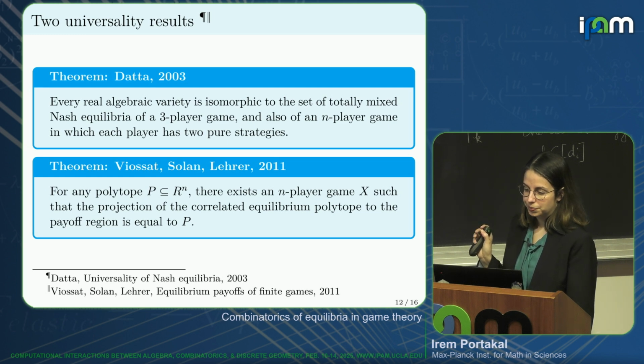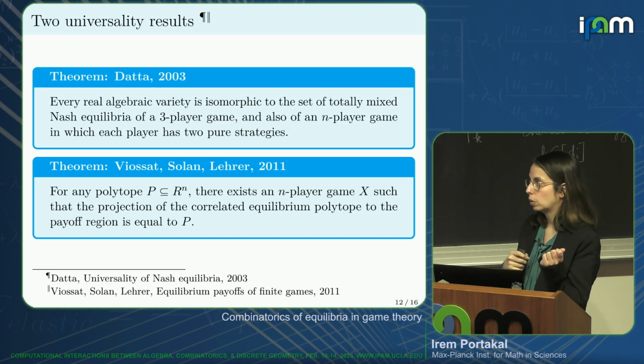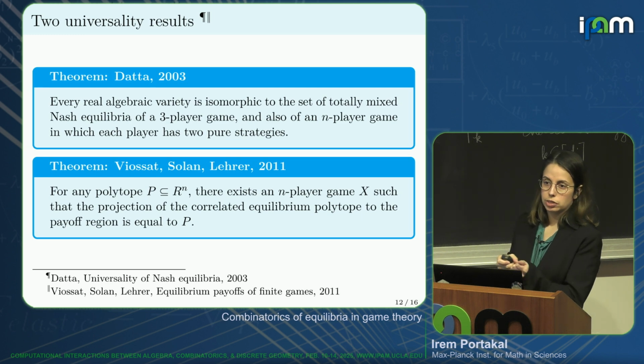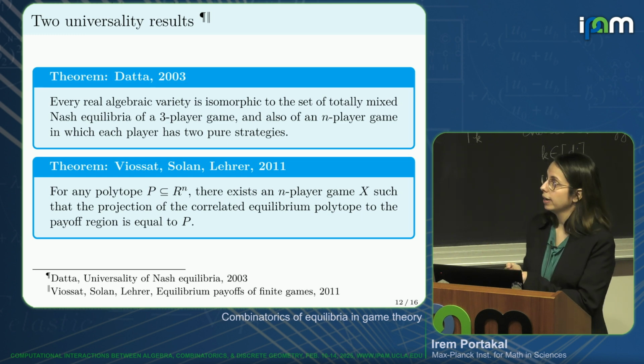So these are two very strong results in game theory, in the intersection with real algebraic geometry and polyhedral geometry. You might think that the multilinear equations I showed you in the beginning, and this H representation, are very specific, but there are very nice universality results around that.